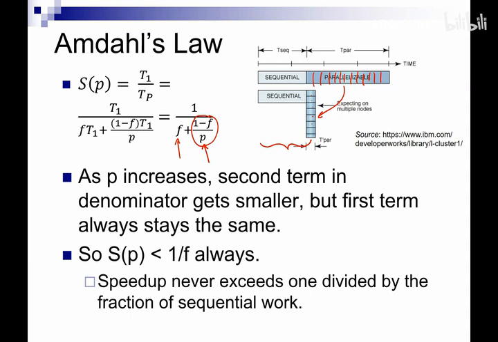Therefore your speed up is always going to be less than 1 divided by f, because this term here is always non-negative. So no matter how many processors you use, the speed up is less than 1 divided by f. This is an upper bound on the speed up you get, no matter how many processors you use.